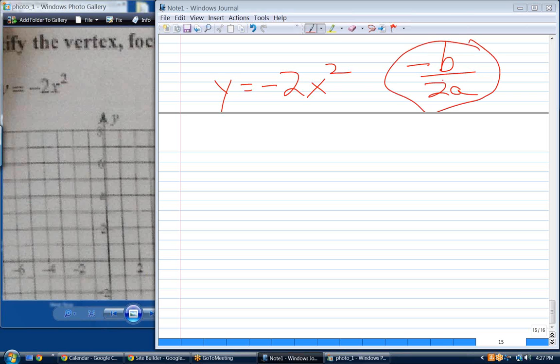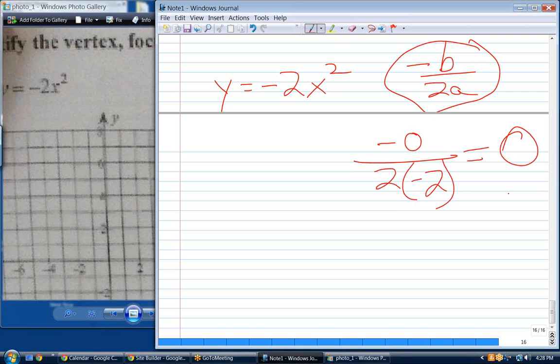Okay. What's b in this case? 0. Correct. So it's minus 0 over 2, and what's a? Negative 2. So the x-coordinate of the vertex is 0.